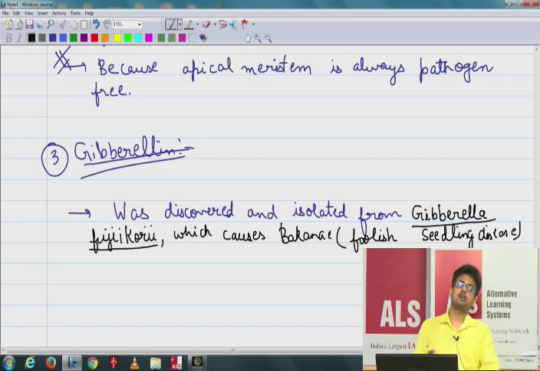Gibberellin has the property of increasing the starch conversion to sugar, metabolizing everything and causing cell elongation. So if you spray gibberellin on a bunch of grapes, each grape will grow larger in size, it will be more tasty, it will become sweeter, and it will increase in volume.